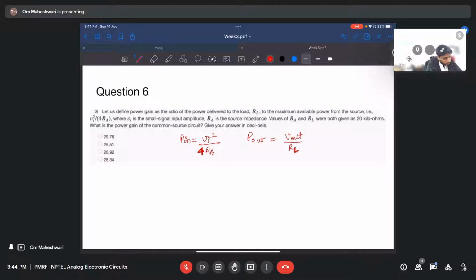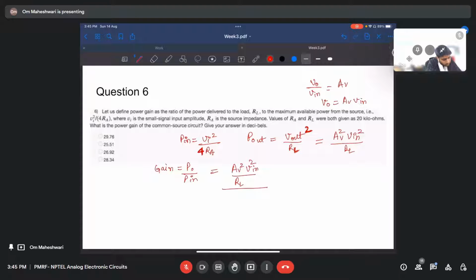Sorry, V out by RL is current, not power. So we can write V out as AV times V in, since VO by V in equals AV. So P out is AV square, V in square by RL. We have to find gain, that is P out by P in, so AV square V in square by RL divided by V in square by 4RA.